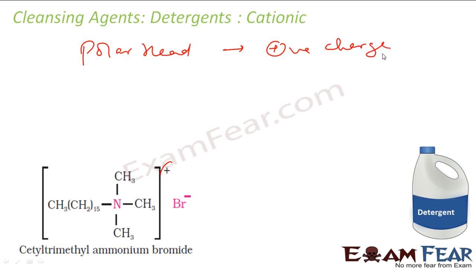They are generally quaternary ammonium salts of amines with acetate, chloride, or bromide as anions. Here we have bromine. They have germicidal properties, they kill germs. And they are expensive.